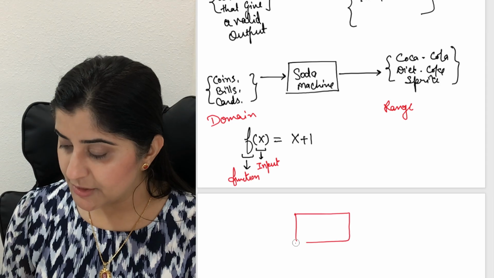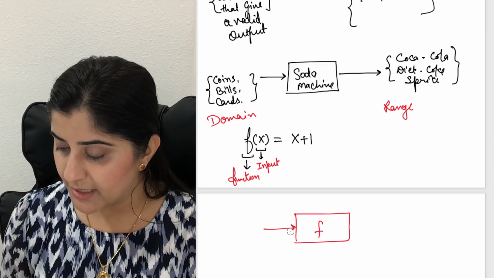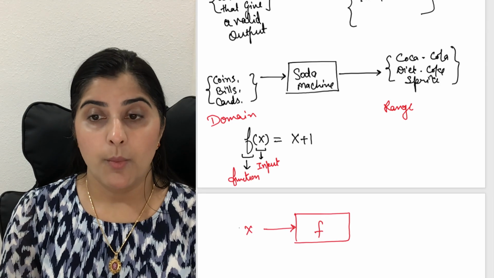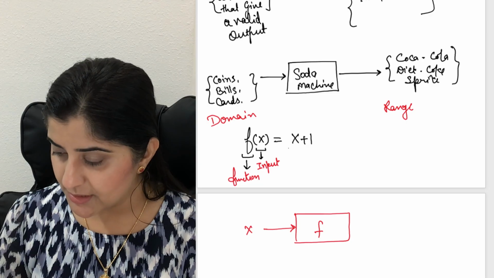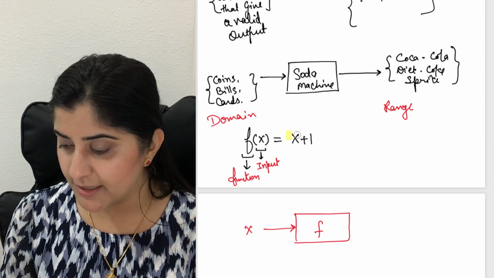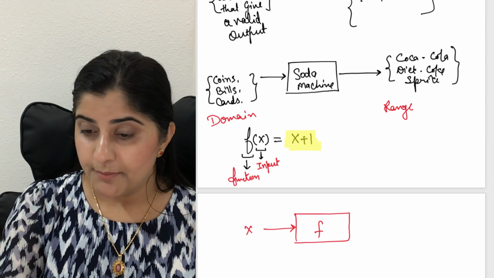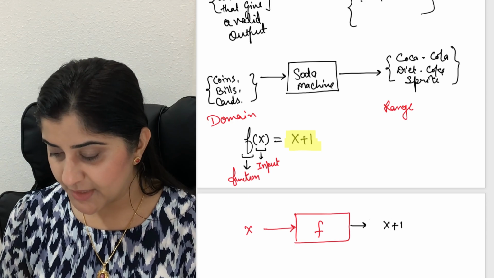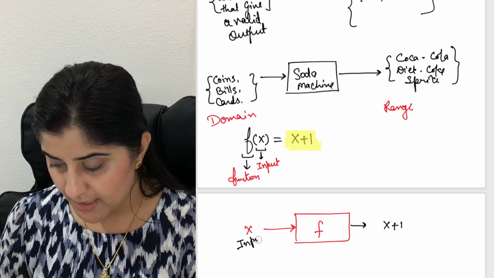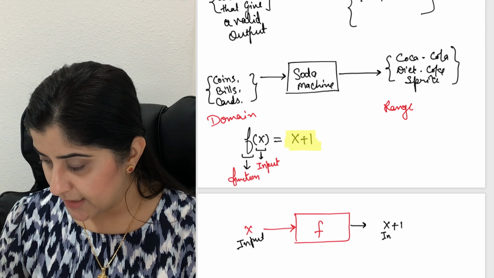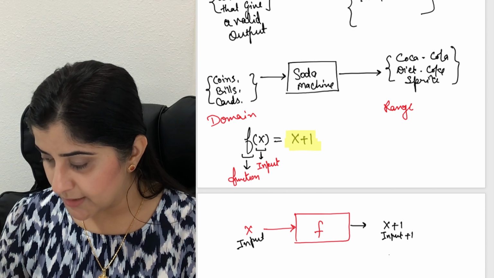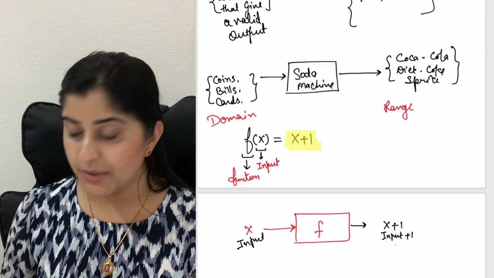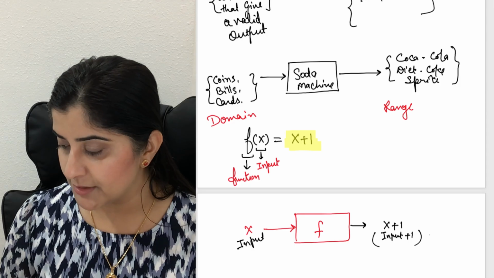So this is a machine f, and we are inputting x in the machine. This is how this machine is defined: the machine is adding 1 to the input, giving input plus 1 as the output.